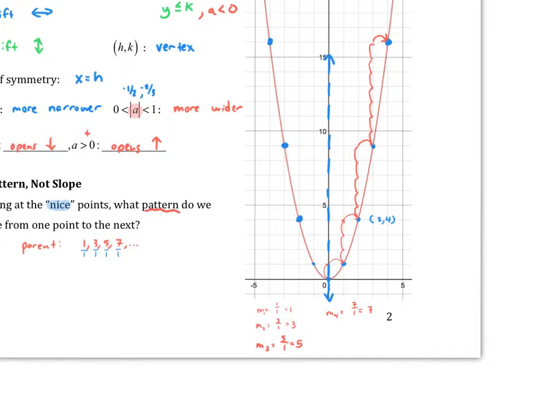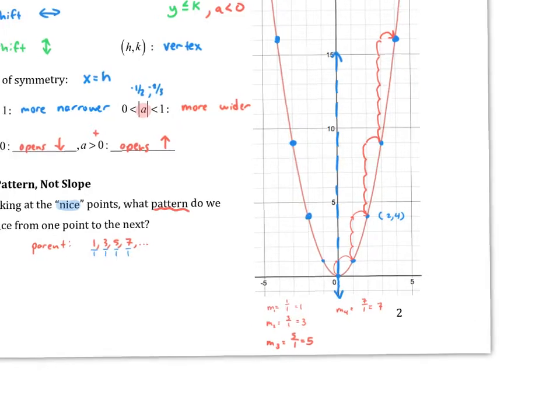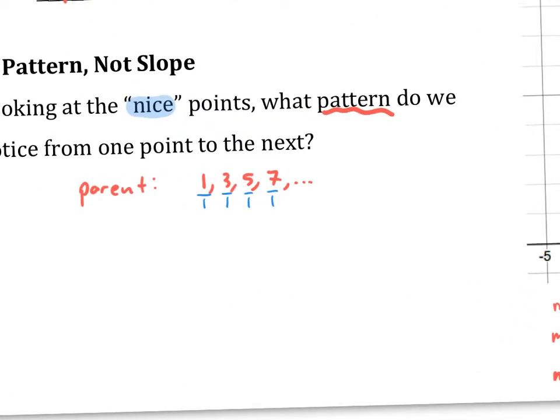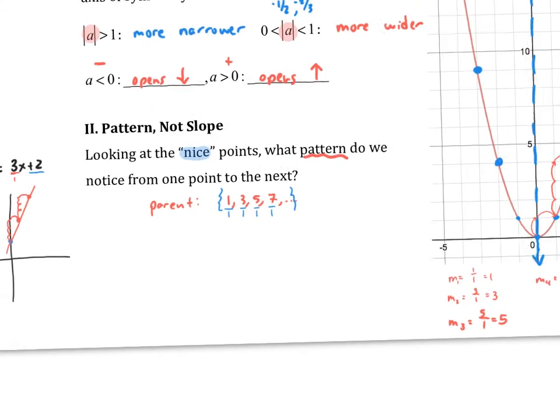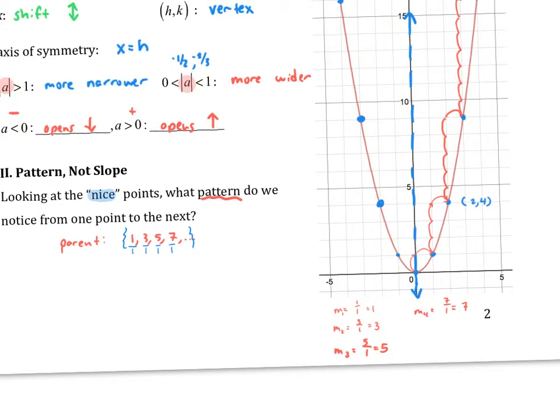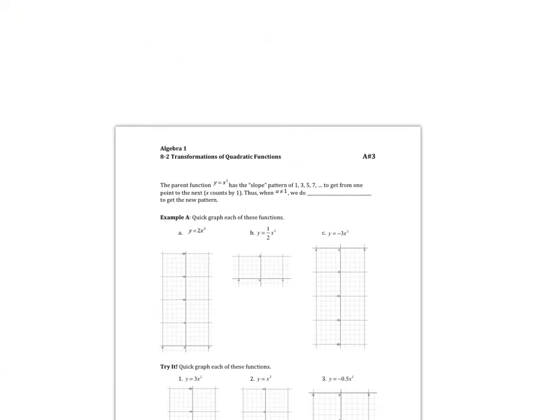And notice what the pattern does too. Everything just reflects to the other side of the axis of symmetry. So that is absolutely key. We're going to remember this parent pattern right here. This parent pattern is going to help us establish a quick graph. Before, when we were doing linear, we used this pattern, which is just my slope, but we repeated the 3, up 3, right 1, up 3, right 1, and we never varied. So let's now look at quick graphings.